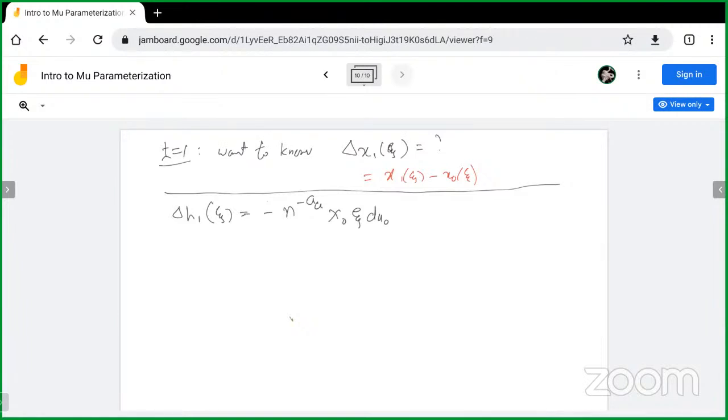So that's the parameterization. And your D matrix was small, n to the minus a v.